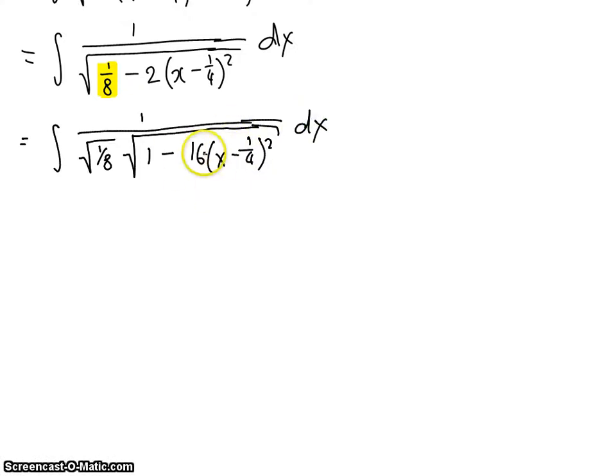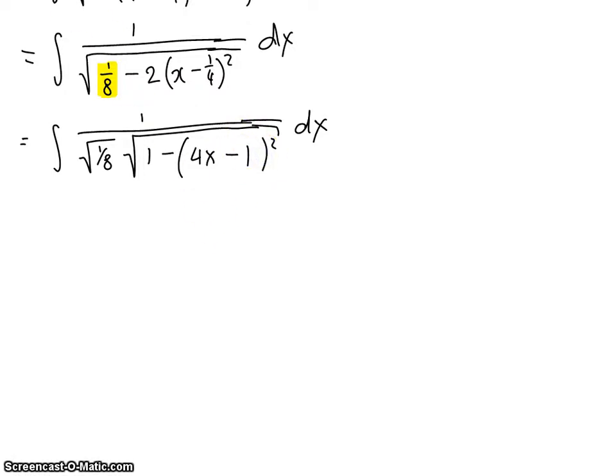Well, this one is quite nice, 16 x take a quarter squared. Remember, 16 is just 4 squared. And since I've got squared squared, well, no point writing the same thing twice, right? Us mathematicians, we're quite lazy, so we'll just square the whole thing. And now we're into a position where it's 1 minus something squared. In fact, it's even better than that, because now that it's all inside the one bracket, I can just rewrite this as 4x minus 1.